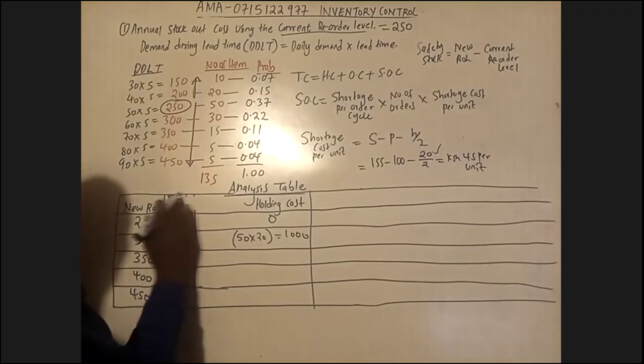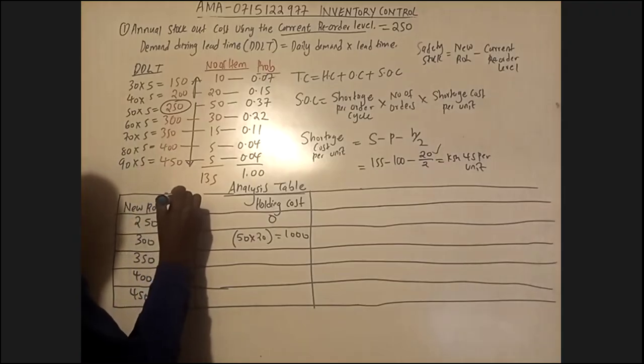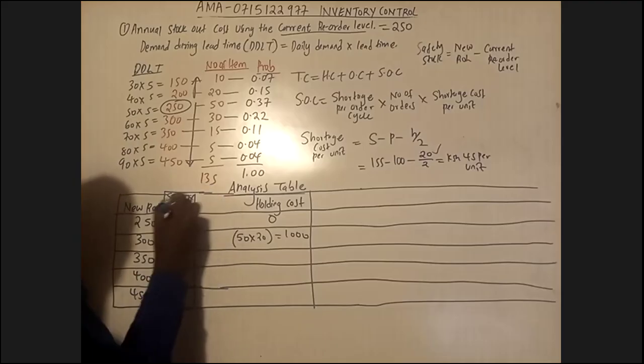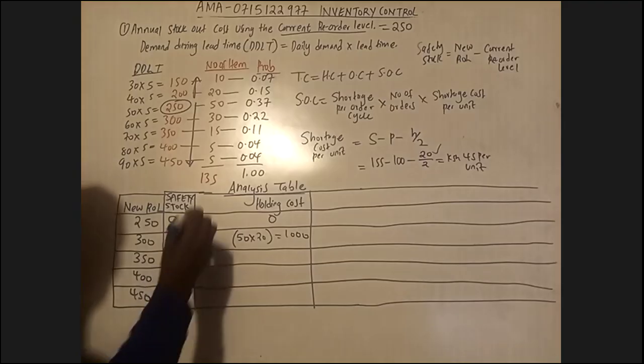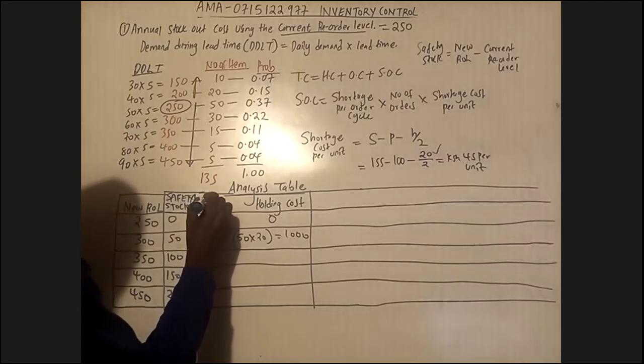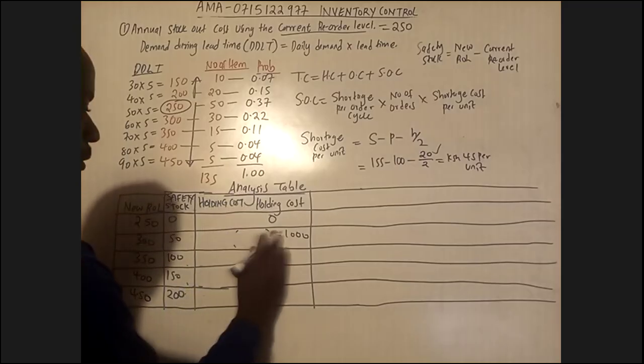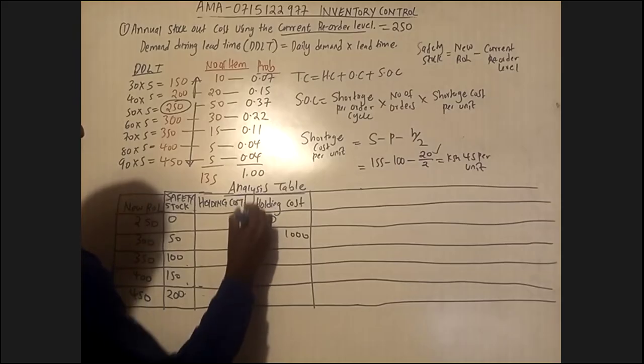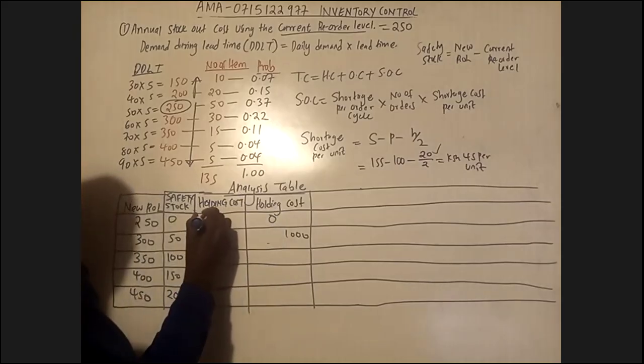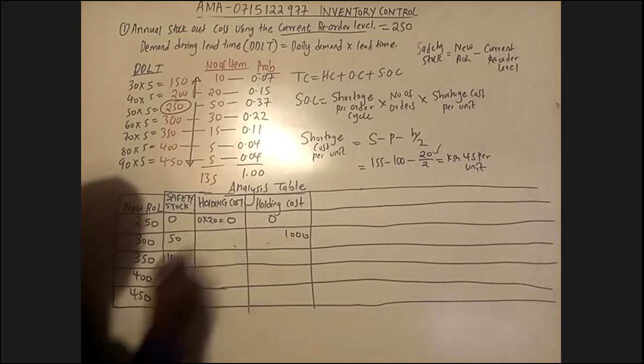So hii ni safety stock. Safety stock, then tuende kwa holding cost. So ya kwanza ni 0 times 20, which is 0.